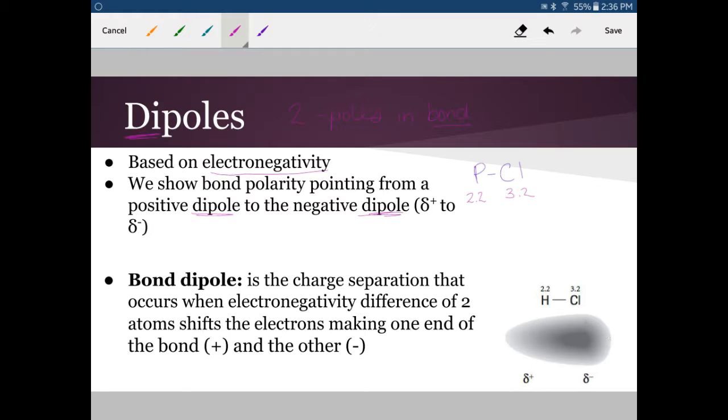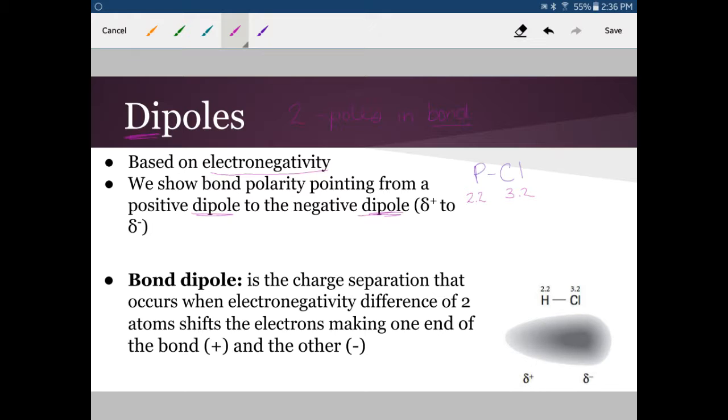We expect that there's more electrons surrounding the chlorine than there is this hydrogen because, again, our electronegativities are quite different. Okay, they're not so different that chlorine steals the electrons. However, we do see unequal sharing, and that's what we call a polar covalent bond.